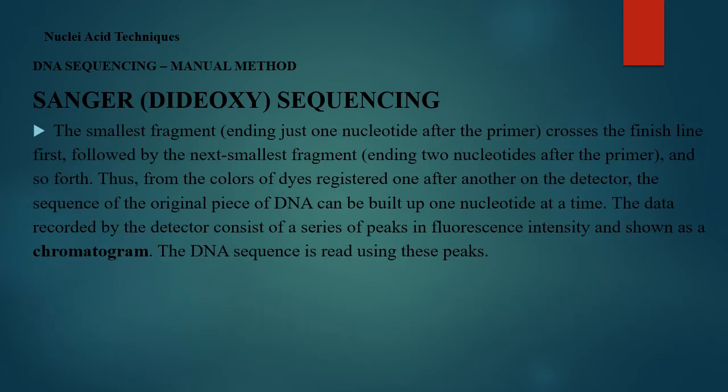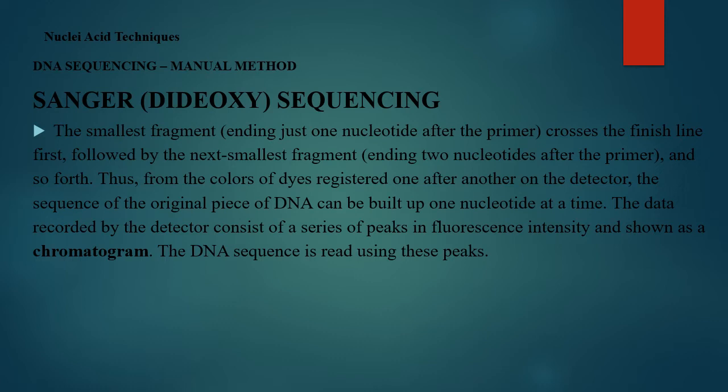Now the smallest fragment, that is ending in just one nucleotide after the primer, crosses the finishing line first, followed by the next smaller fragment ending two nucleotides after the primer, and so on and so forth. So if the primer is 4 or 6 nucleotides, the first fragment to pass will be the one that has just one nucleotide more than the primer.